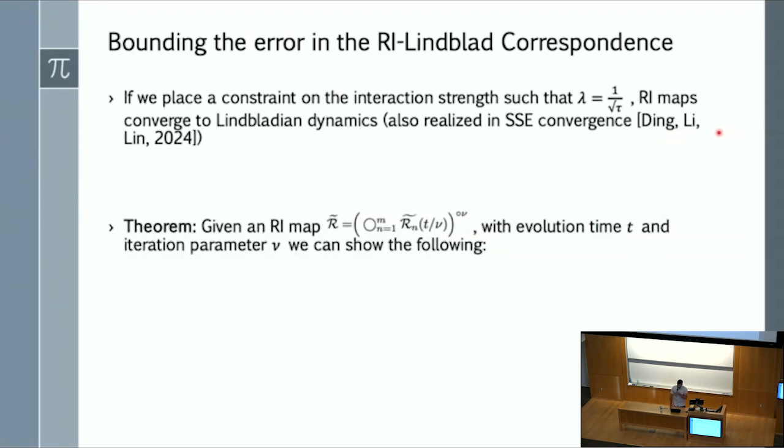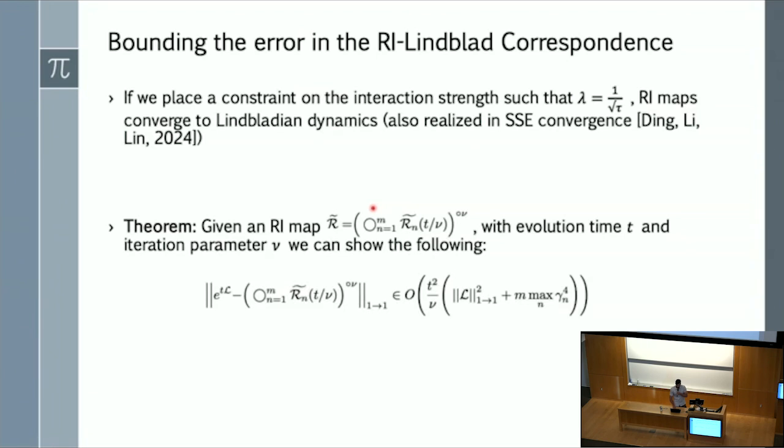So I'll just give an informal statement of the theorem here, to give an idea of how it works. If we use this limit above that I talked about, and you compose the map in a very particular way, so we have M compositions of all of the different interactions, which set out to model each different possible jump operator in the actual Lindblad equation, then under the limit, you can show the following bound.